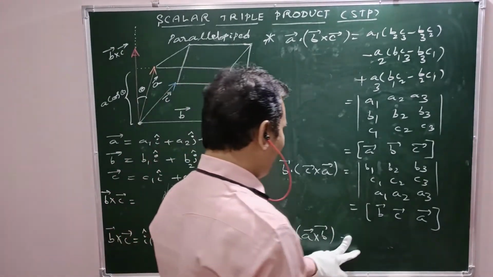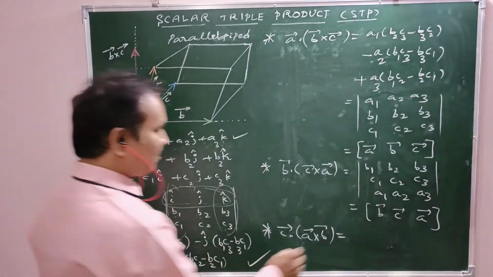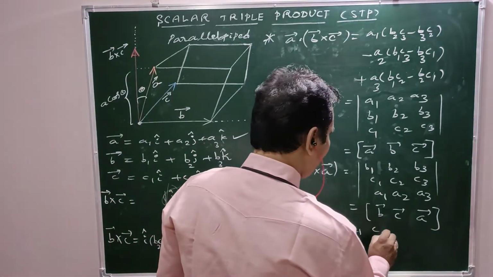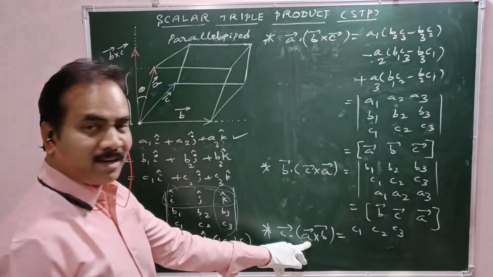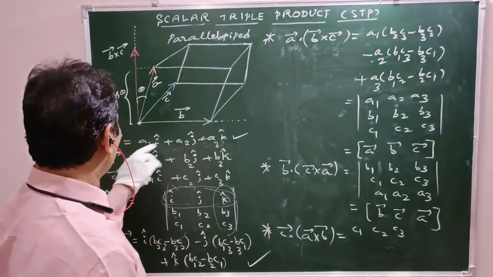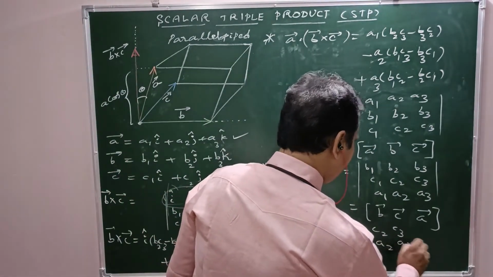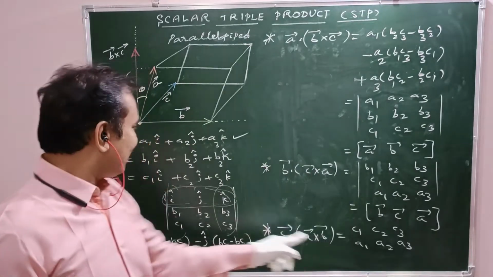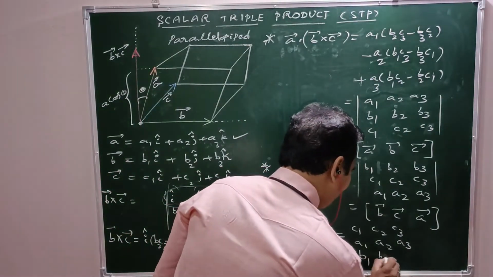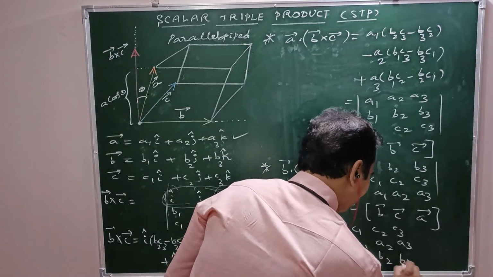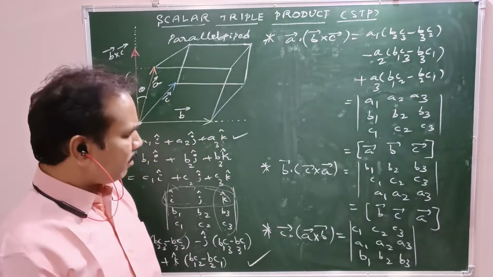First of all, write down components of first vector C bar, that is C1, C2, C3. Afterwards, second vector components, A bar, means A1, A2, A3. Now coming to third vector B bar, that is B1, B2, B3. Okay. Determinant of so and so.